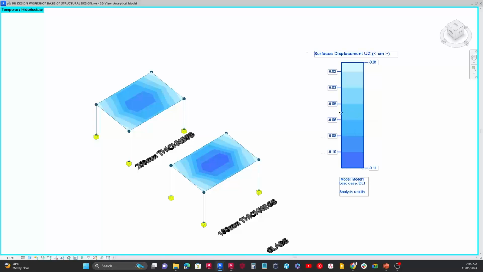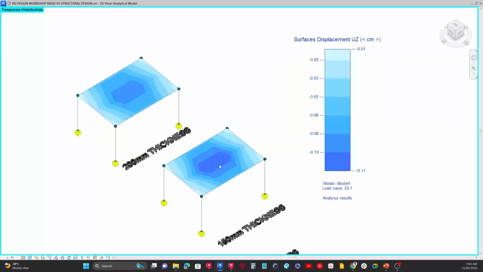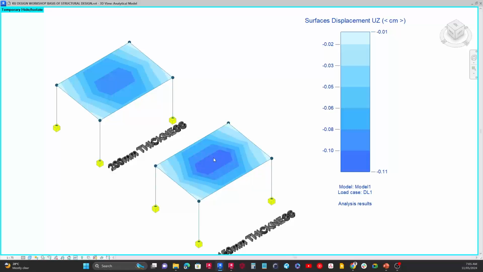It may not be very clear because we're using Revit, but you can see that this one here, the smaller thickness, actually has more displacement. Sorry, I made a typo when I was talking earlier. What I meant to say is that the larger the thickness, the smaller the displacement. It may differ depending on the scenario, and on how it's supported, by the way.